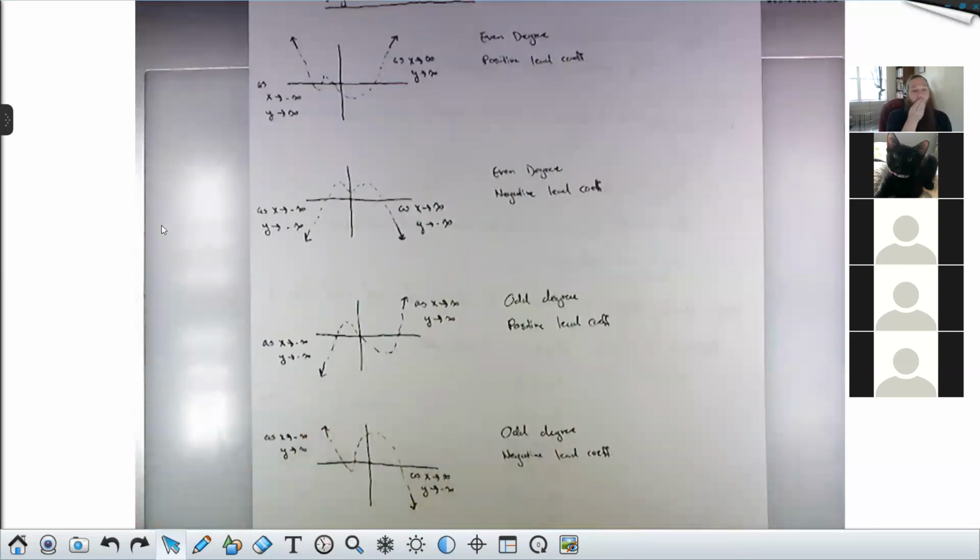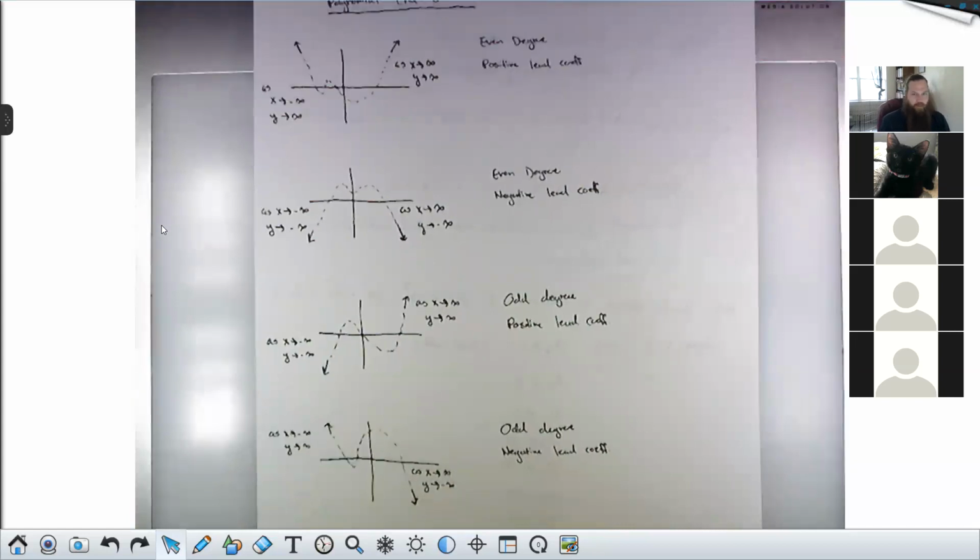All right. So these are all of the different types of end behavior that can be exhibited by a polynomial. The first step in drawing the graph of a polynomial is figuring out the end behavior. You draw in just those arrows, like just this and this.